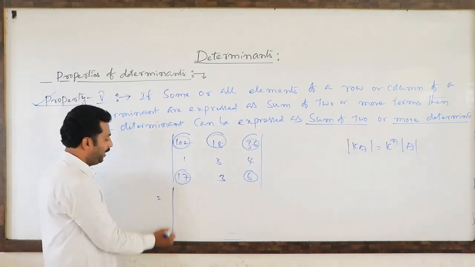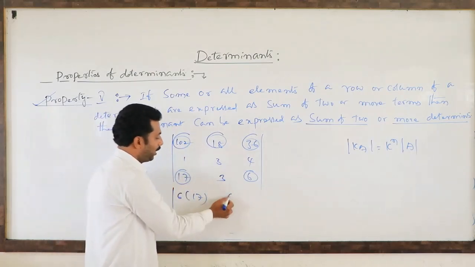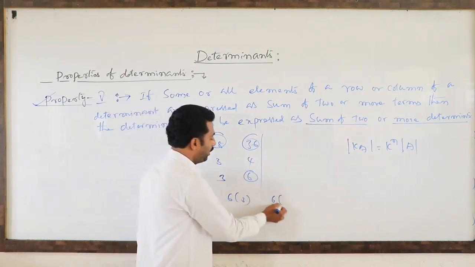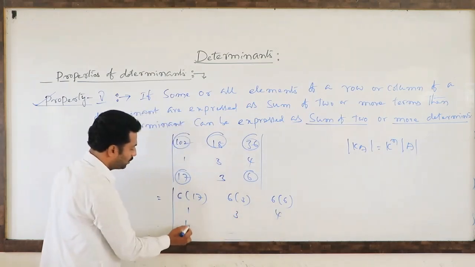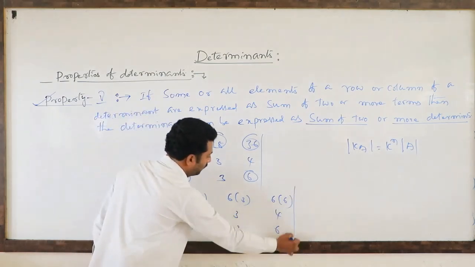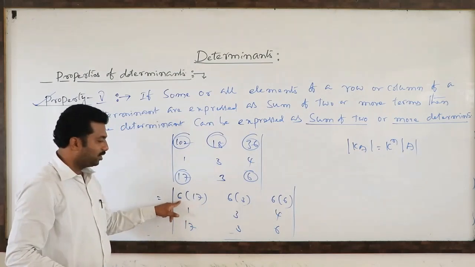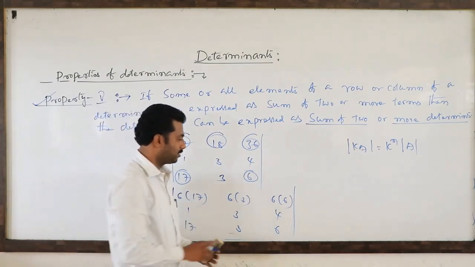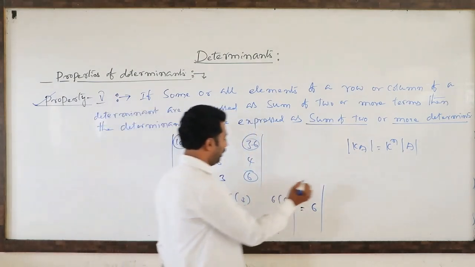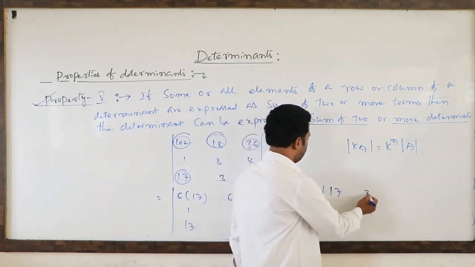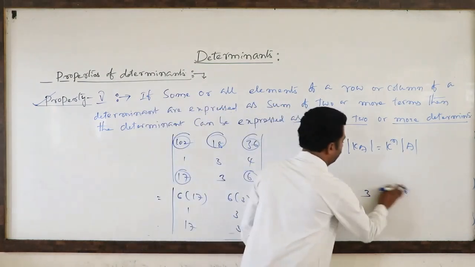How to identify? See, can you write 102 as 6 into 17? Can I write 18 as 6 into 3? Can I write 36 as 6 into 6? So this row is 17, 3, 6. Now you observe. If you choose the first row, all these elements are multiplied with the common constant 6, so you can take 6 common. Then what is left here? 17, 3, 6.